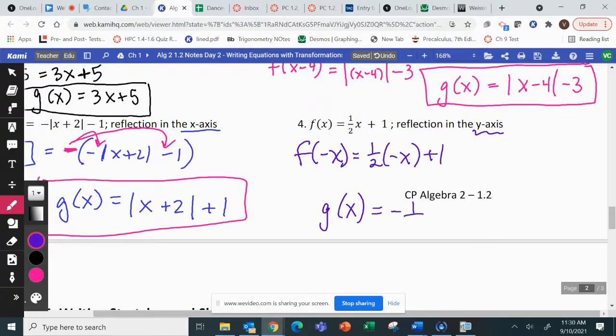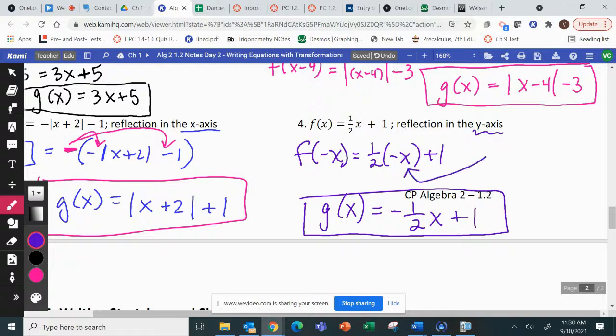It's going to give me negative 1/2 x plus 1. So when I simplified, it went from looking like a horizontal reflection to looking like a vertical reflection. That is okay. When you simplify it, it's okay for it to change what it looks like. But you do want to simplify. We always want to simplify.